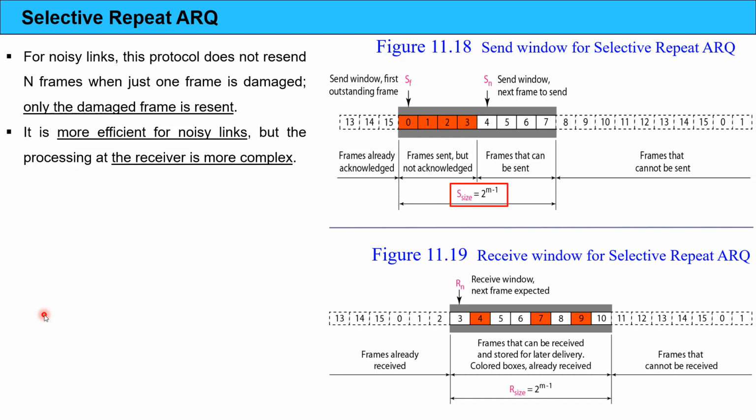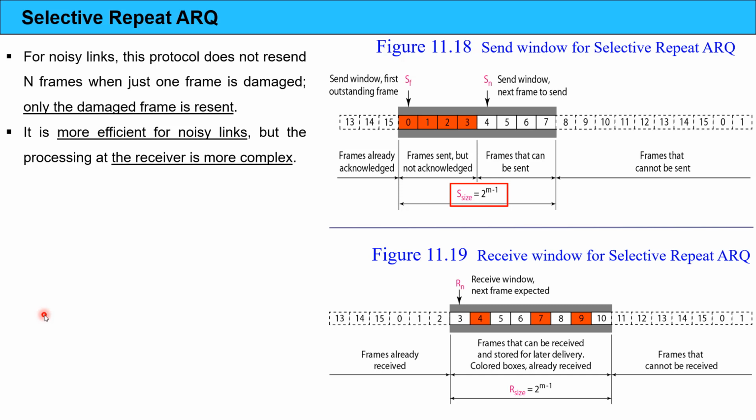Take care now. What was the size in go back n for the send window? 2 to the power m minus 1. Minus 1 down. So if m is equal to 3, then 2 to the power 3 is 8, minus 1, so the size is 7.